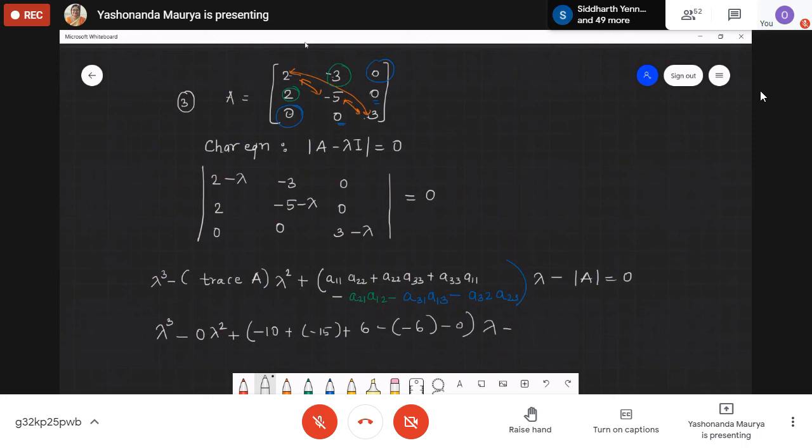Minus the determinant of A. So the determinant of A is what we require. So let us do a rough work. What is determinant of A? You can use your calculator also. Determinant A is equal to, I'll write it down only.